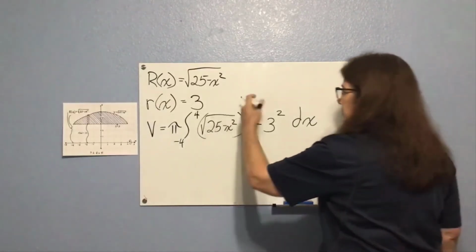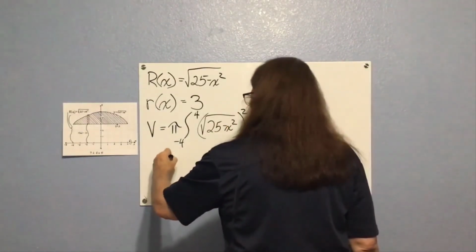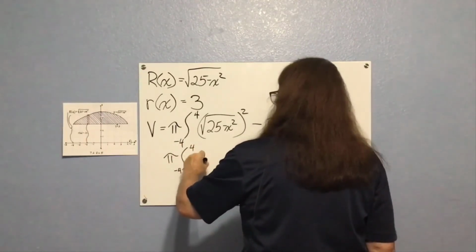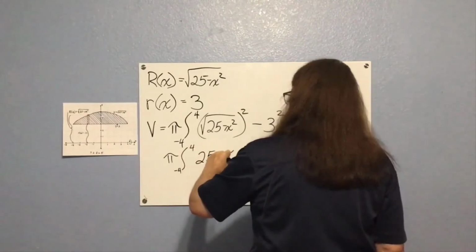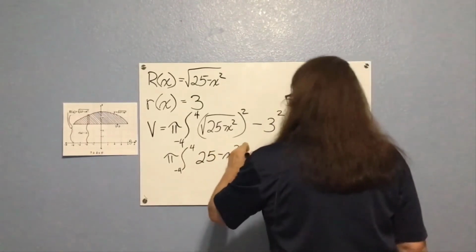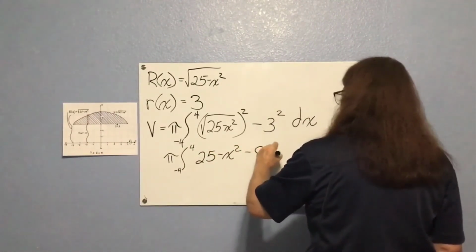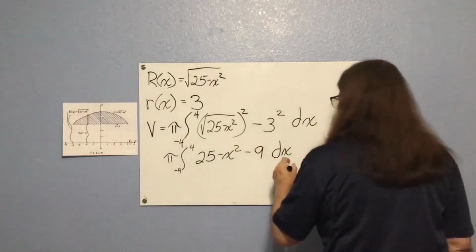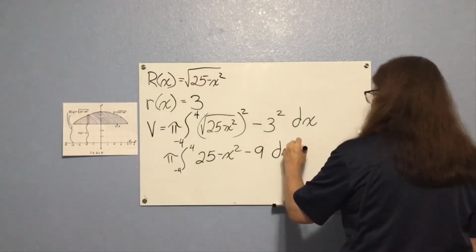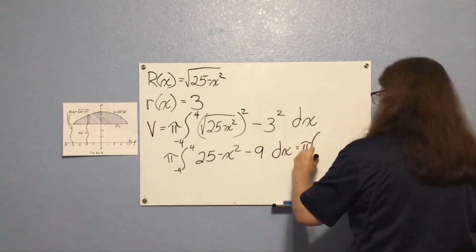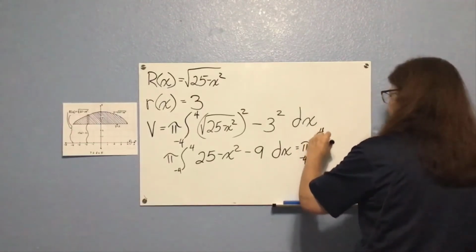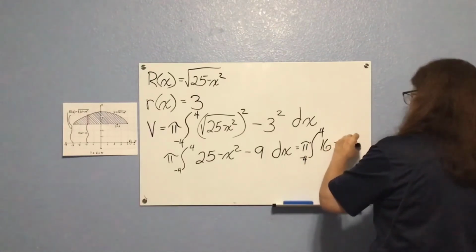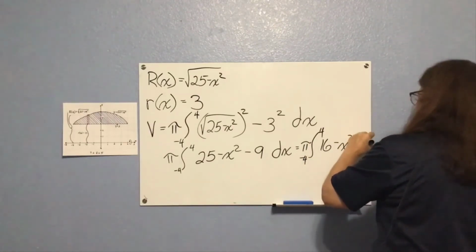When I take that square root and square it, I'm just going to get 25 minus x squared, and then subtract the 3 squared, which is 9. So 25 minus 9 is going to give me 16. I end up with pi times the integral from -4 to 4 of 16 minus x squared dx.